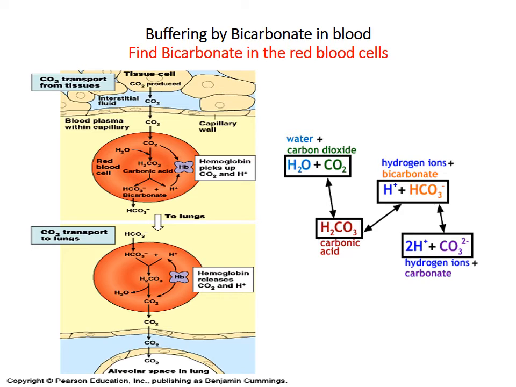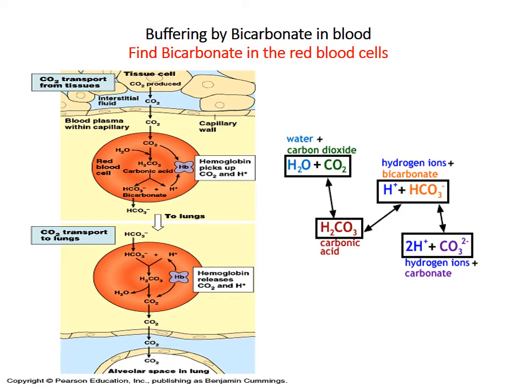So the water that's in your cells and in your blood plasma combines with the CO2 that your cells are giving off, and they make carbonic acid. And that carbonic acid will then travel through your bloodstream back to your lungs, where it will be given off again in the form of CO2 eventually, as you can see on the diagram on the left-hand side.